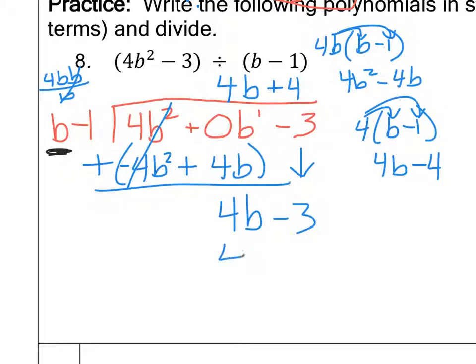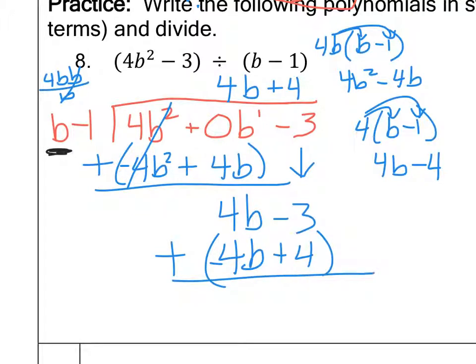So I'm going to go ahead and put that down here, 4b minus 4. Got to remember I'm subtracting, so I'm going to change everybody's sign. 4b plus negative 4b cancels out. Negative 3 plus 4 is 1. That's my remainder. So the answer is 4b plus 4 plus 1 over b minus 1.